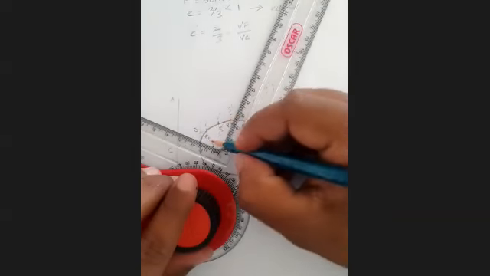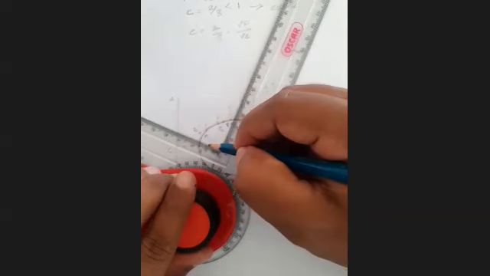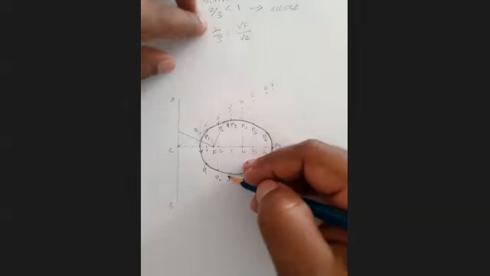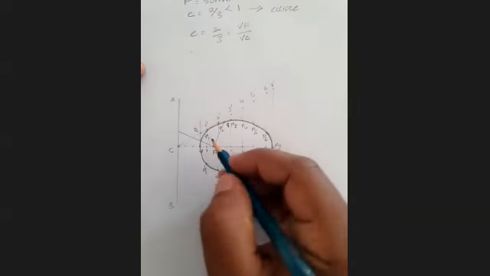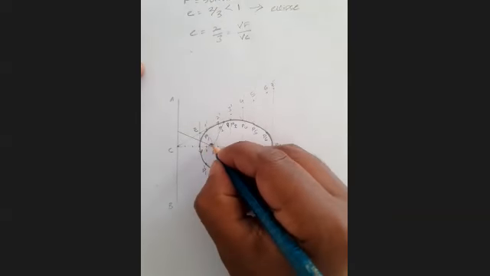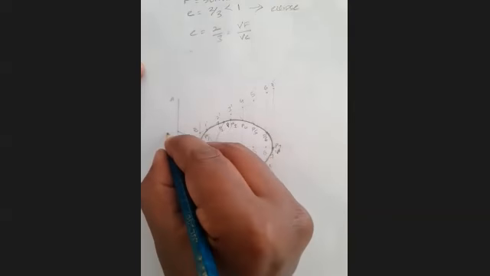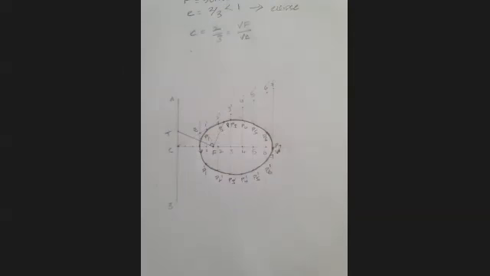So from F, you draw a perpendicular line to PF line. So wherever this perpendicular line cuts your directrix, you name that point as T.